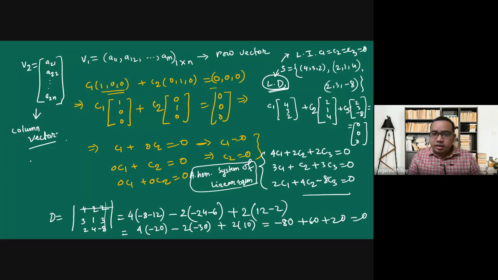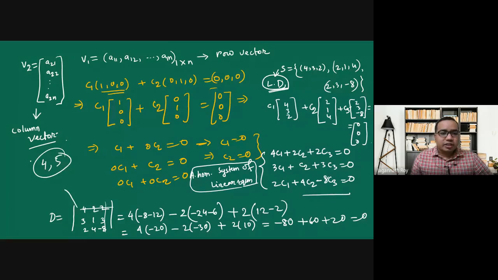It will be very difficult if we have vectors of order 4 or 5, because computing the determinant is very difficult even with real numbers. Solving a 5 by 5 system is very difficult.